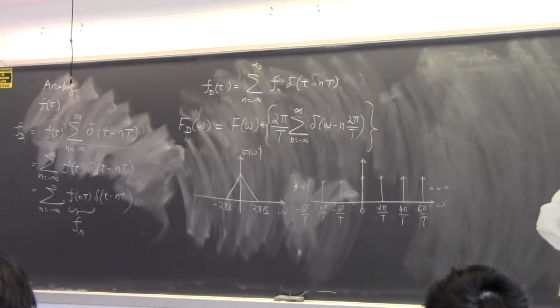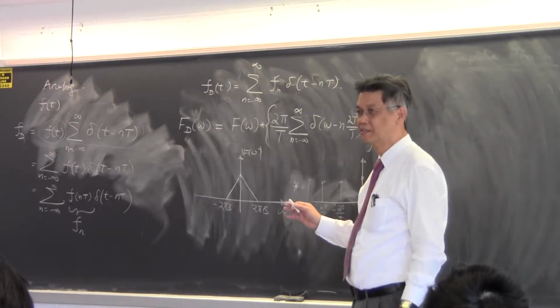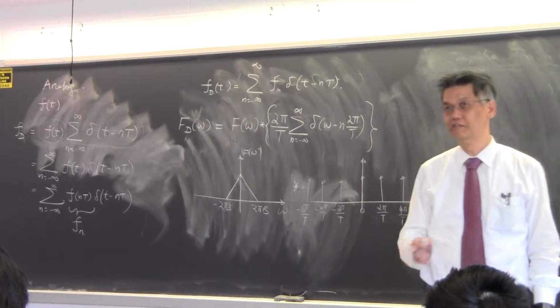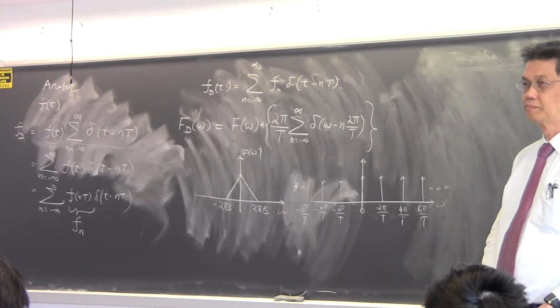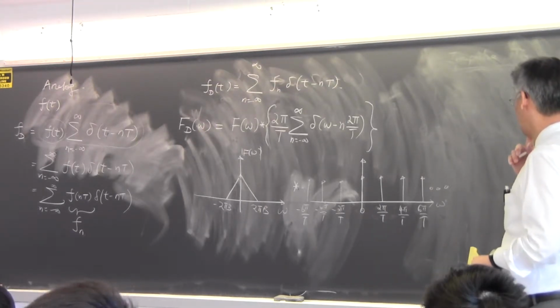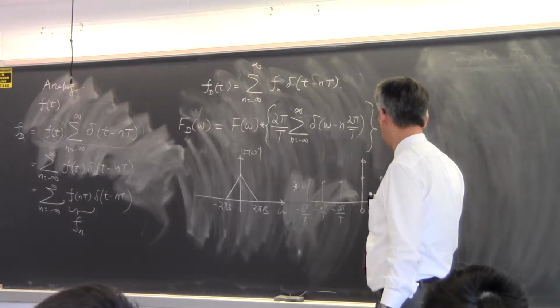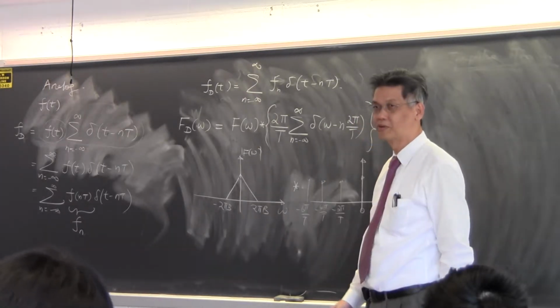Now you can pictorially convolve these two functions. If you convolve a function with a delta function located at the origin, what do you get? You get the little triangle back, right? Let's assume that my T is small enough so that these impulses are spaced quite far apart.